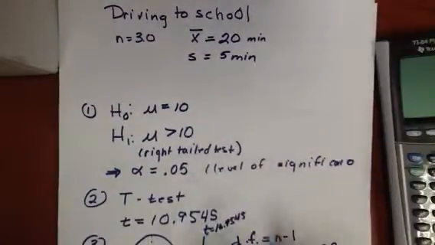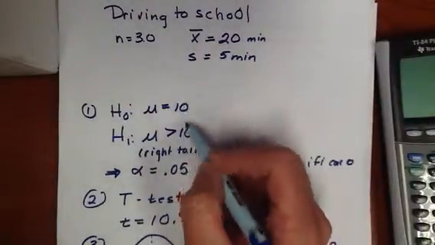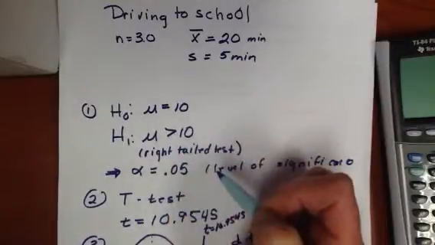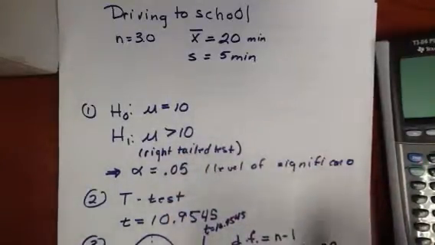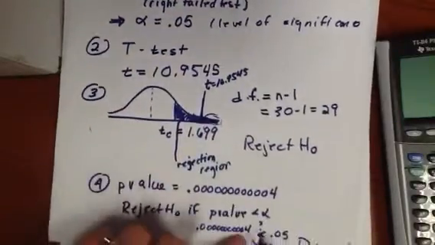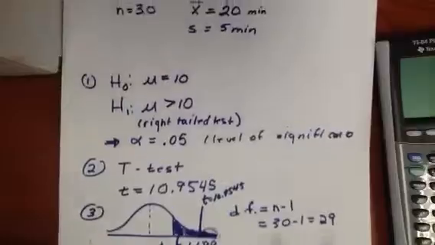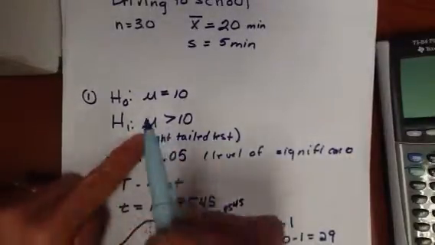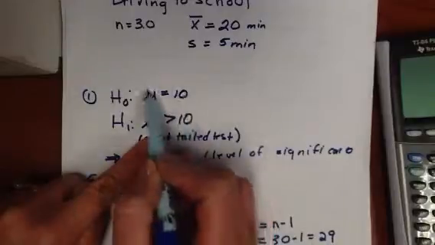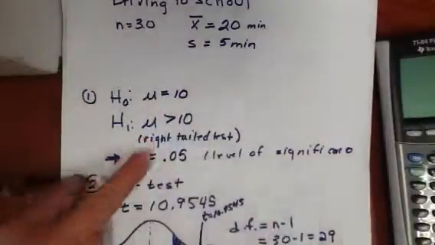Since we rejected H naught, that's kind of like a guilty: we had enough statistical evidence to prove this alternative. If we would have said do not reject H naught, meaning the p-value was larger than alpha, it just means we don't have enough statistical evidence to prove this. We assume this one to be true. We never prove the null.